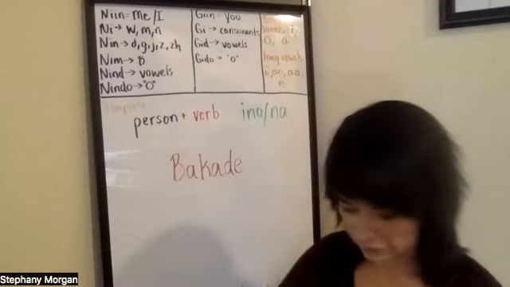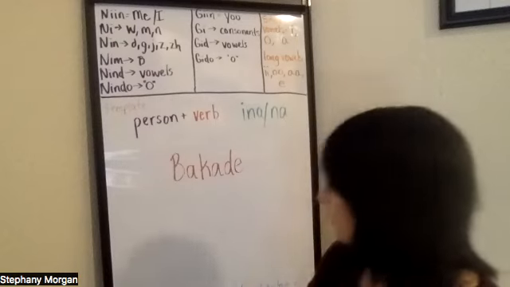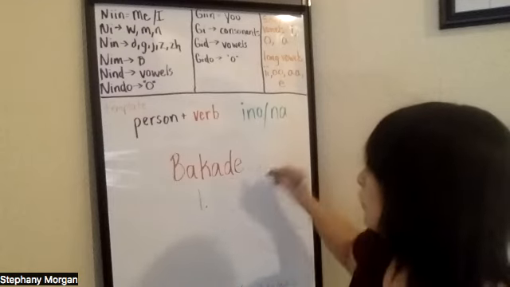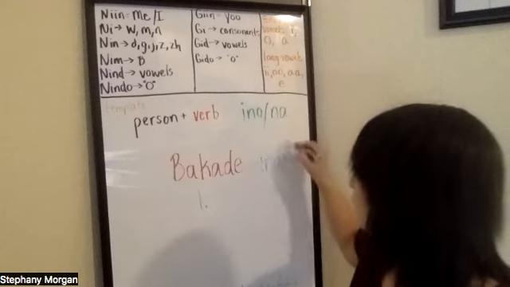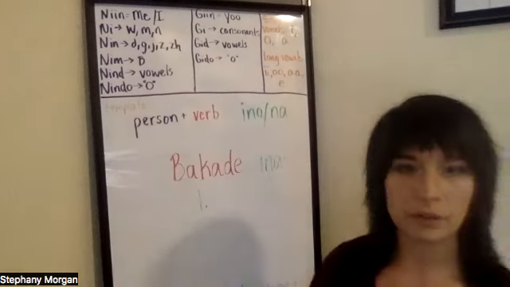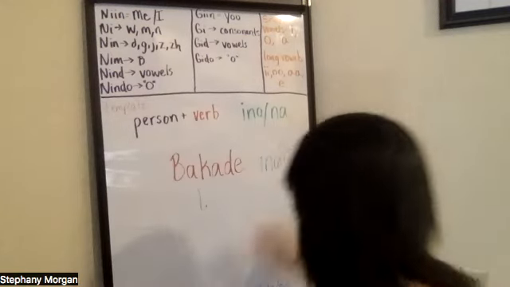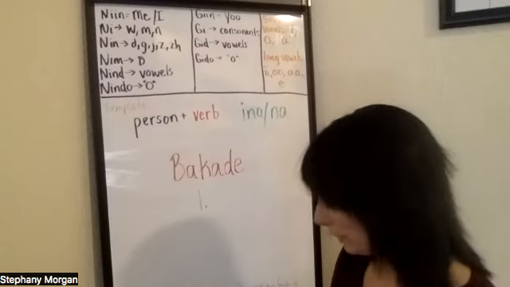What if we want to ask, is he hungry? Well, this is our first word in the sentence, and we need to add our question mark word. Bakade, ina. Comes second. Bakadena, is he hungry?